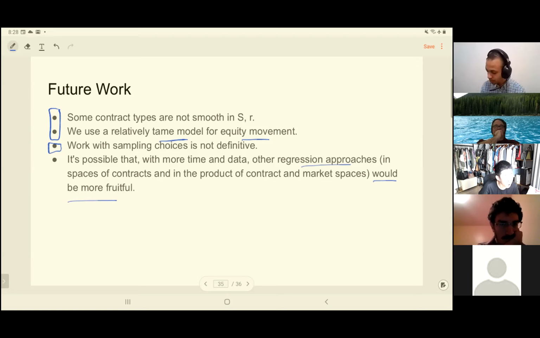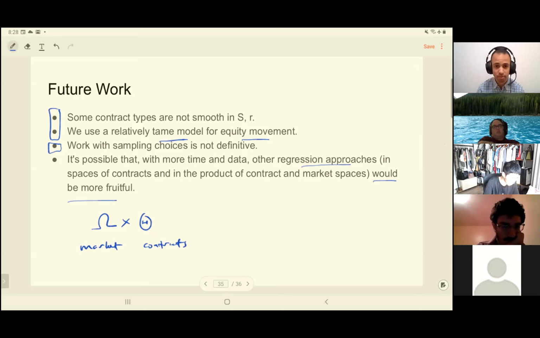If you remember our notation from earlier, we were looking at regression in omega cross theta, where omega was the space of markets, and theta was our space of contracts. So one member of our team spent some time looking at regressions strictly within the space of contracts, which can save computation time when you have a large and diverse portfolio. If you're able to understand these contract spaces and you can sample from them more efficiently, then you can save some computation time.